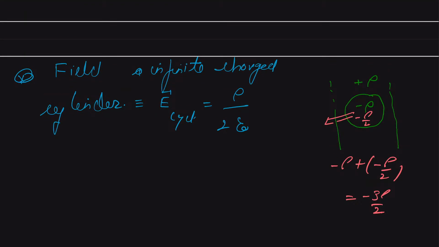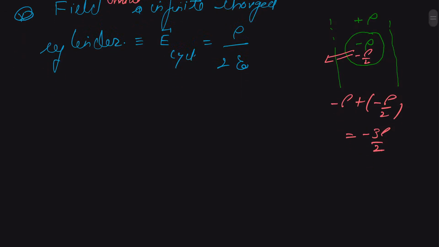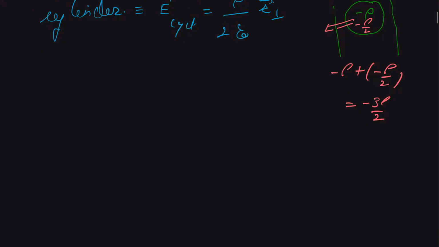What field inside? I will write the field inside the infinite charge cylinder, and this will be equal to our R perpendicular, and we know that this R perpendicular will be equal to xi plus yj.